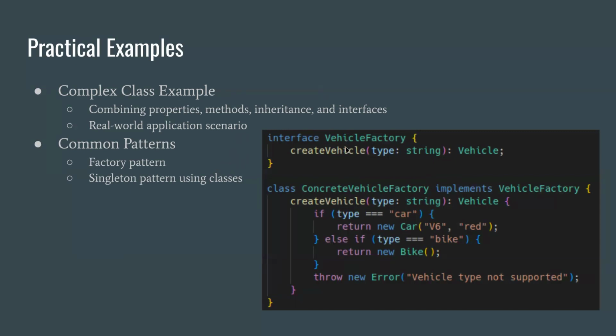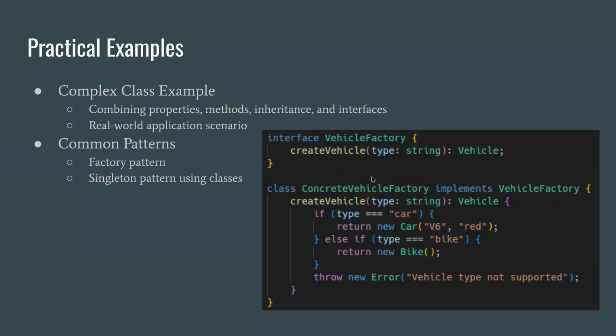So we have this factory pattern here. We have a VehicleFactory interface that has a createVehicle method that receives type as a string, and then it returns a Vehicle.